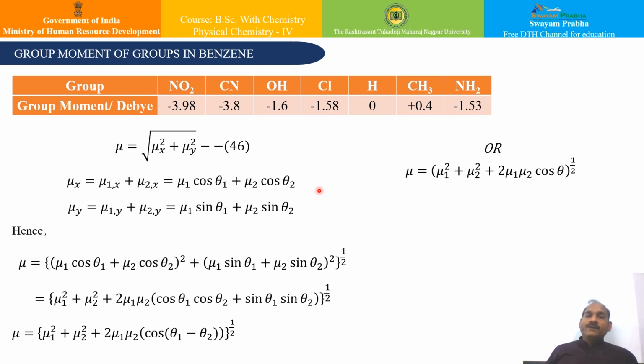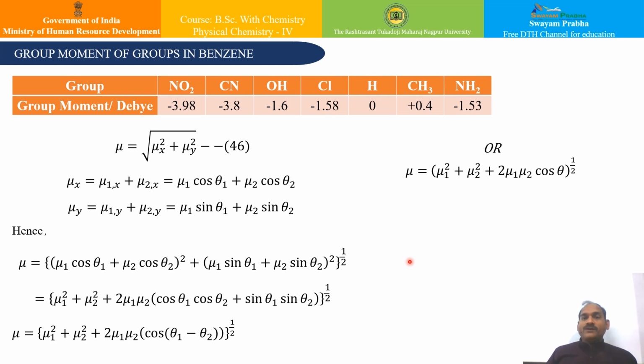Say, for example, if I consider chlorobenzene, and assume that all the carbon-hydrogen bond linkages in benzene have zero bond moments, then the observed dipole moment of 1.55 D, which is applicable to chlorobenzene, may be assumed to arise from the carbon-chlorine linkage.